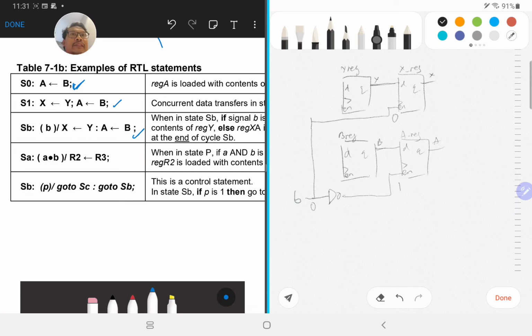So when B is 0, we are going to transfer the content of B into the A register. Basically we have a control there.